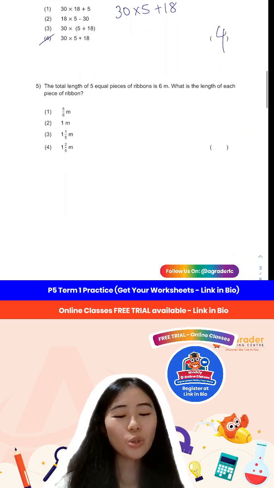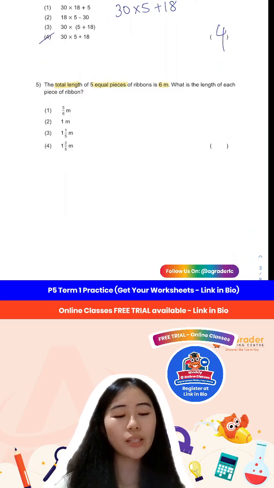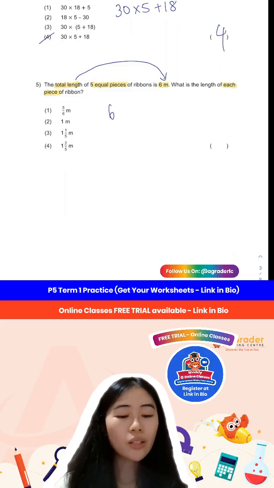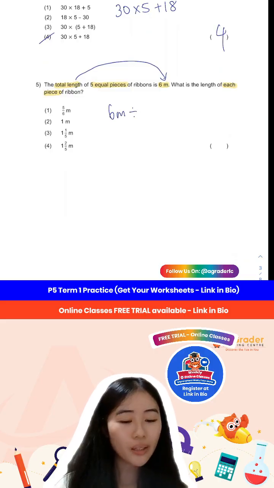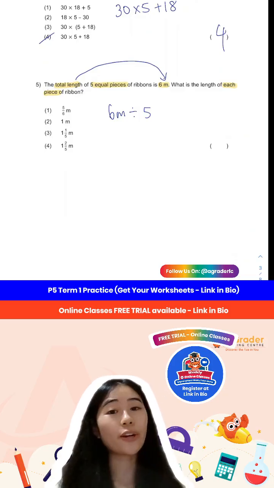Okay, yeah, let's go through this. The total length of 5 equal pieces of ribbon is 6 meters. What is the length of each piece of ribbon? So the total length refers to 6 meters, and this 6 meters, you split it into the 5 equal pieces. So this should be 6 divided by 5. Some of you write 5 divided by 6, then that's not correct, okay?